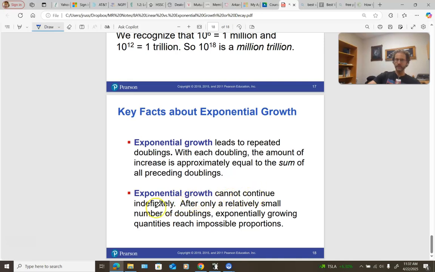After only a relatively small number of doublings, exponentially growing quantities reach impossible proportions. That's the thing with bacteria, or you could even model populations of rabbits in the woods. Their populations grow exponentially, and those models work for relatively small numbers, but they grow so fast that it becomes unsustainable.